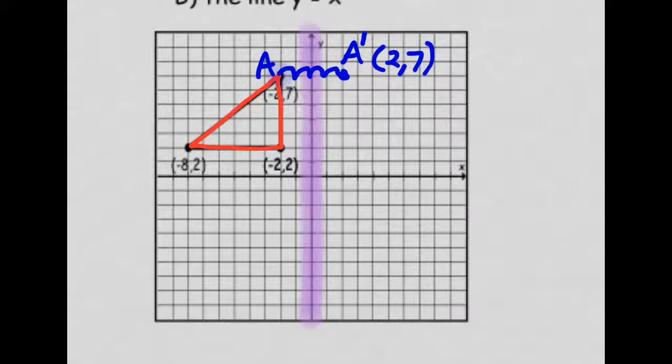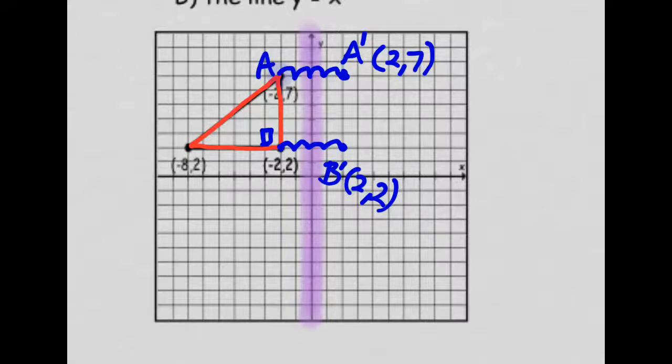Same thing with this point. How many blocks away from the y-axis? 2. So you go another 2. And that's your B prime. This was B. This is B prime. And that is 2, 2.